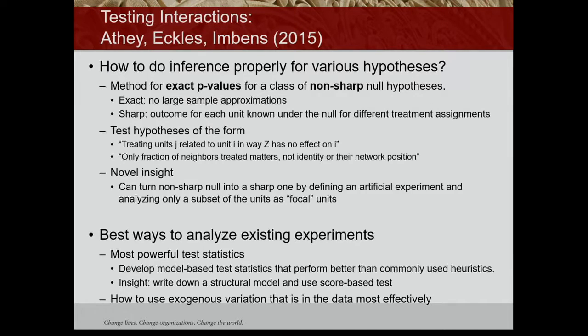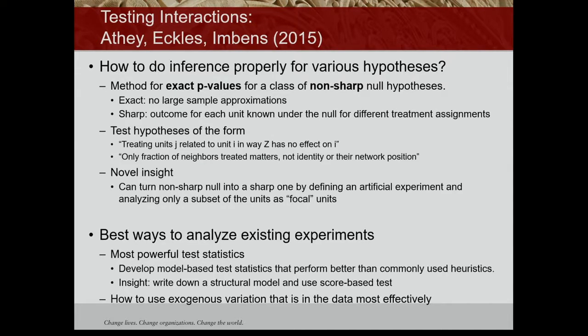And because of that, I can generate a statistical distribution. Suppose my test statistic was the difference between treated units and control units. Well, I could generate the distribution of that test statistic by redrawing the treatment assignments. I can imagine re-randomizing you, and under the null, I would know exactly what your outcomes would be if I re-randomize your treatment assignment.